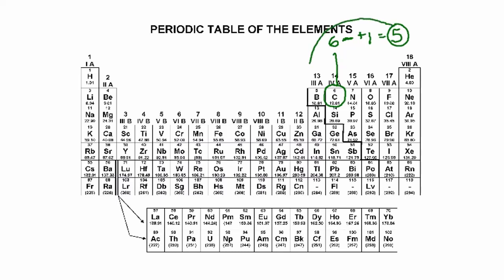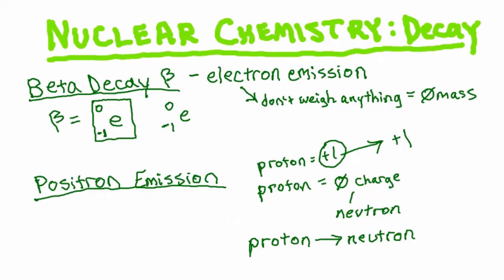Well, 5 protons is boron right here. So positron emission will literally change the element to an element before it with a lower atomic number. And that is written like this.